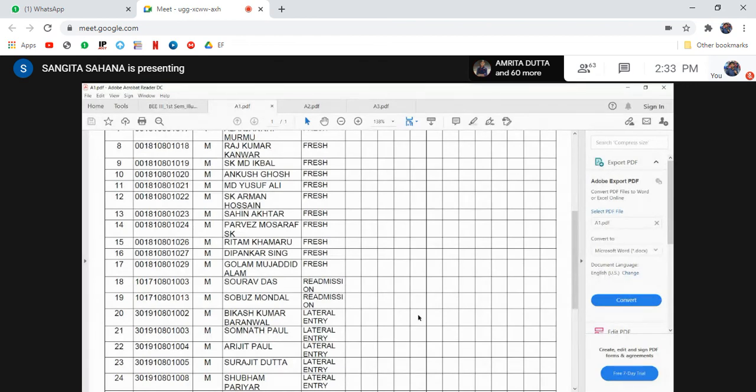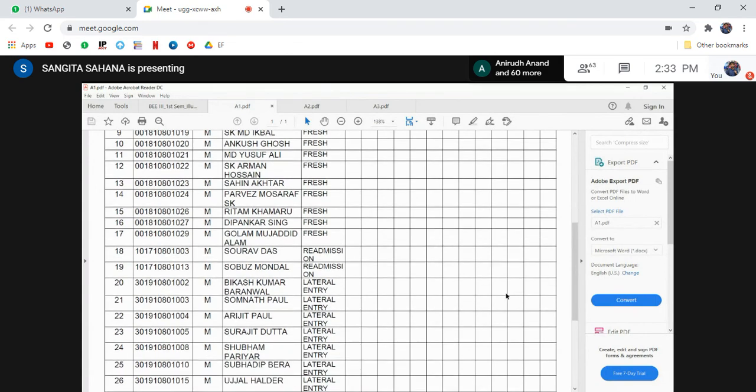1003. Saurabh. 13. Shobuj. 1002. Vikas. Yes, ma'am. 1003 Somnath. Yes, ma'am. 4 Arijit.